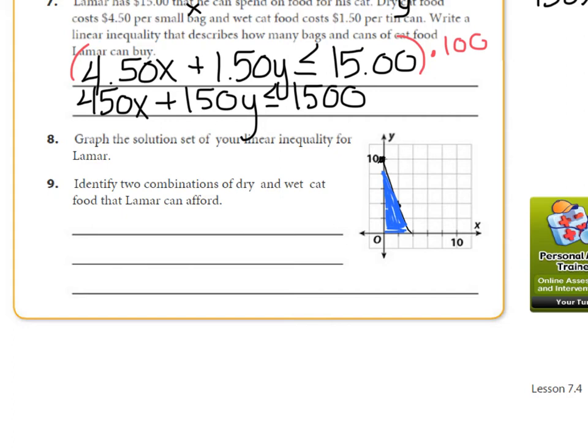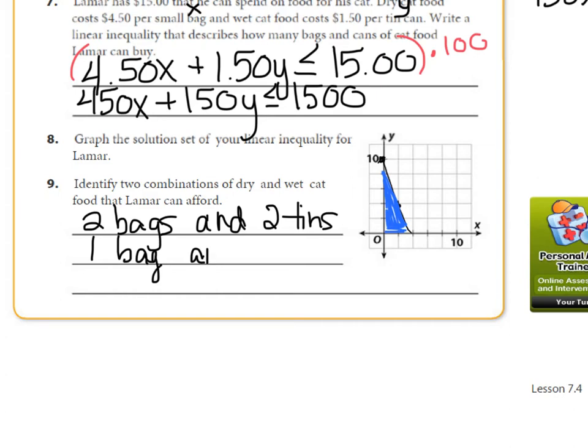For example, you could have 2 bags and 2 tins, because that would be the 0.22, which is on the line. You could also have 1 bag and 4 tins.